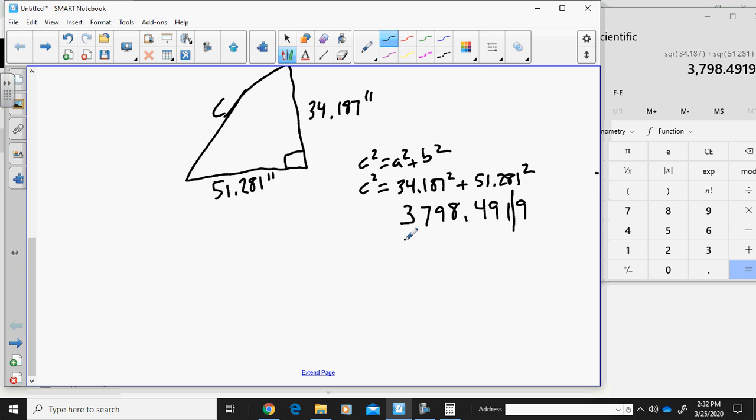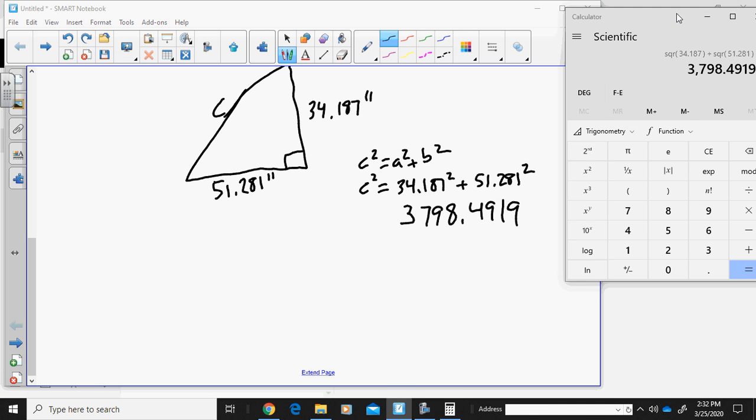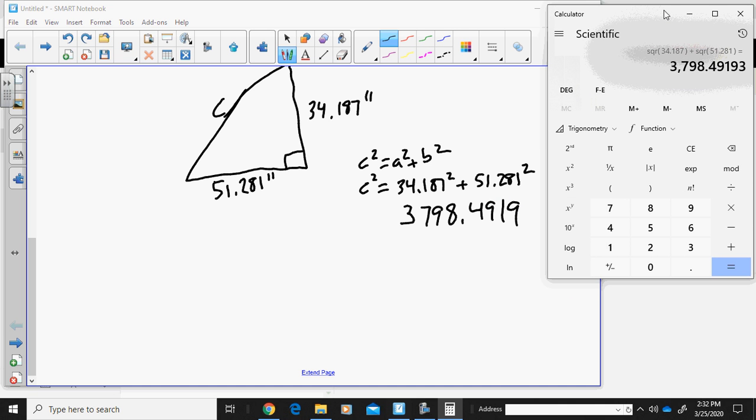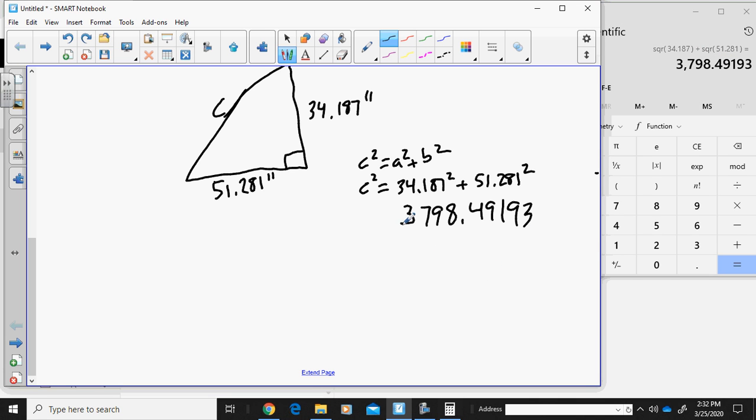So if I round that, or not rounding to the end, 3,798.4919. There. Alright, so that's what c squared equals.